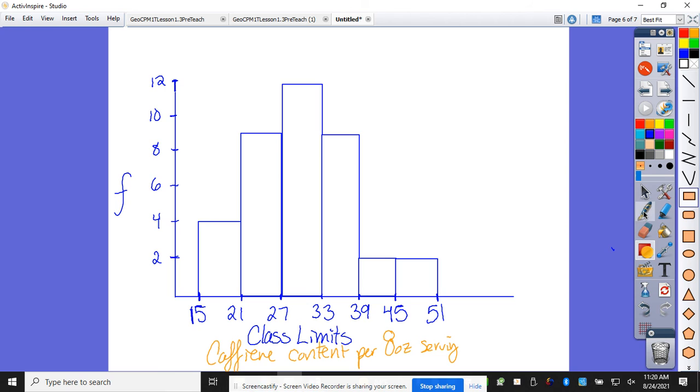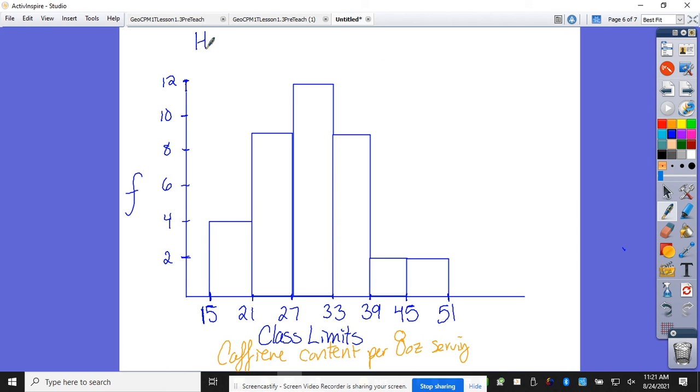Let's go ahead and add a title before I forget this. Histogram of caffeine content. What is it? I want to do it the way it's worded on your paper. What does it say?